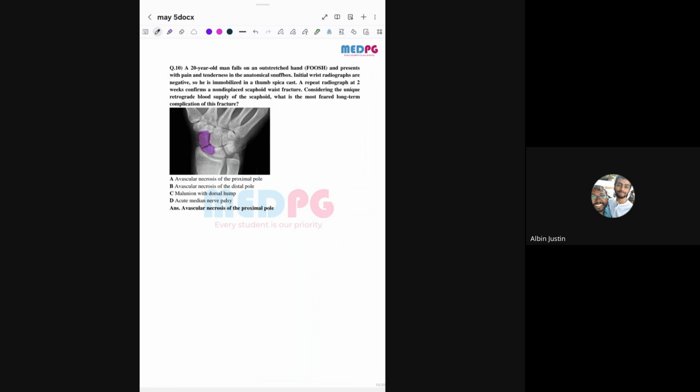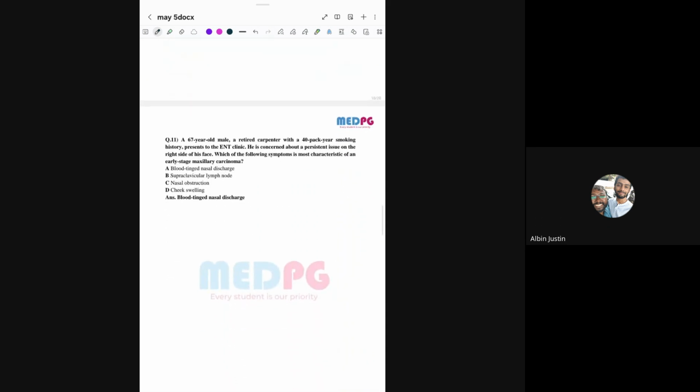It is avascular necrosis. We are afraid of avascular necrosis of the proximal pole. Why the proximal pole? Because the blood supply is hairpin-like, retrograde. That's why you are afraid of the proximal pole.